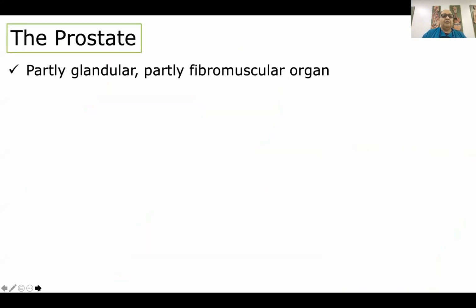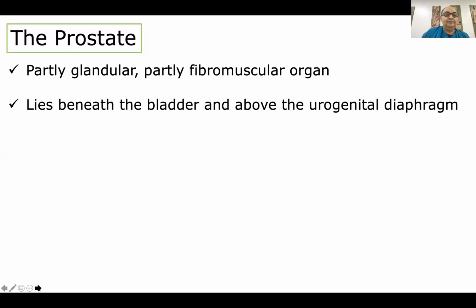Now, if we look at the prostate structurally, it is made up of glands and fibromuscular tissue. So three ingredients: fibrous material, muscular stuff, and glandular part. Histology people will be talking in more detail.